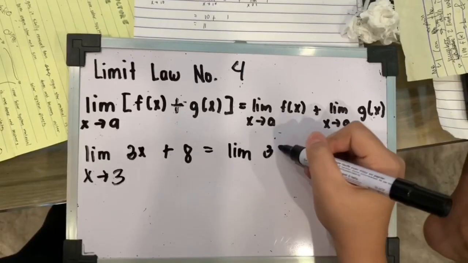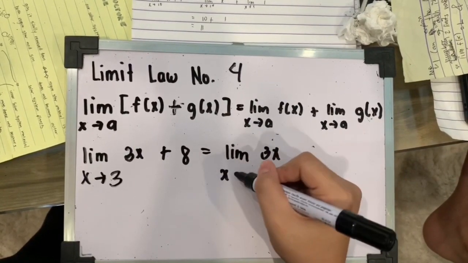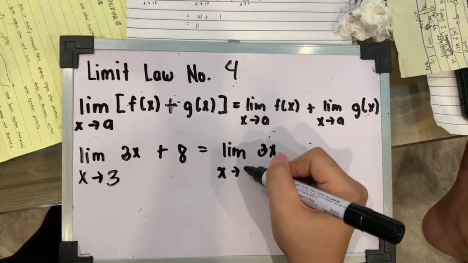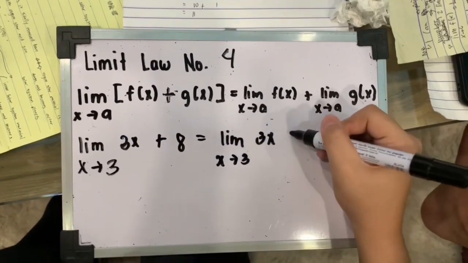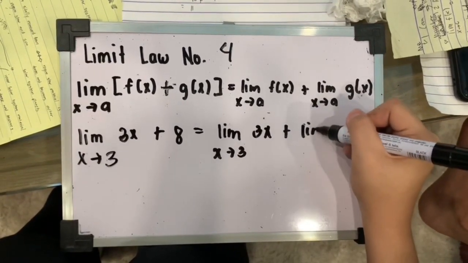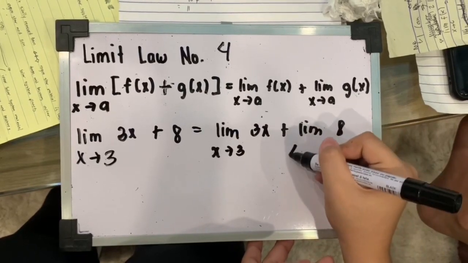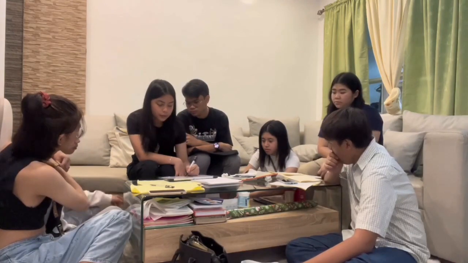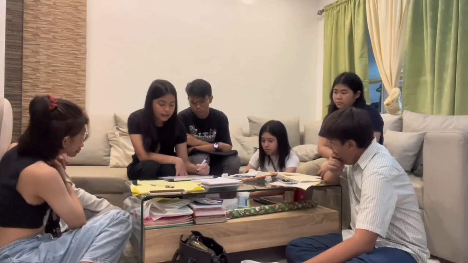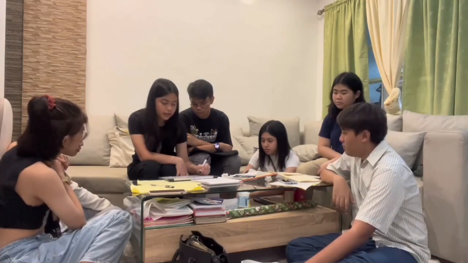Yung first function mo dyan is ito. And then ito yung second. So ang gagawin mo dyan is hindi mo kukuhanin ng buo yung limit niya. I-distribute mo yung limit sa first function and then sa second function. So kapag isusunod mo siya, the limit of 3x as x approaches 2, and the limit of 8 as x approaches 2.